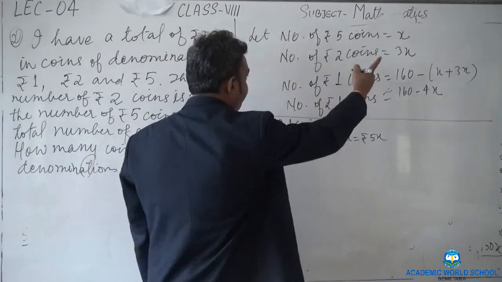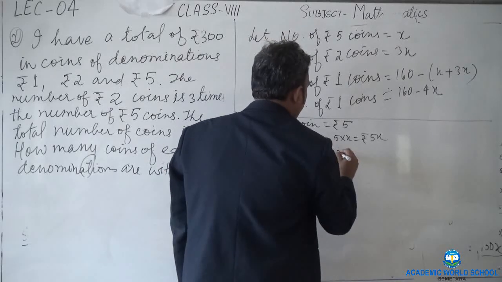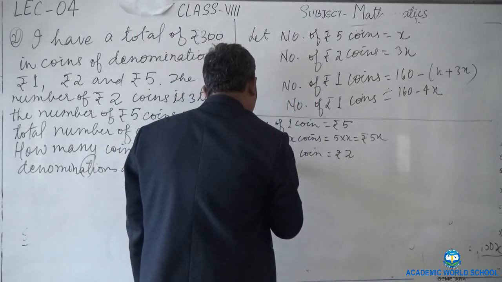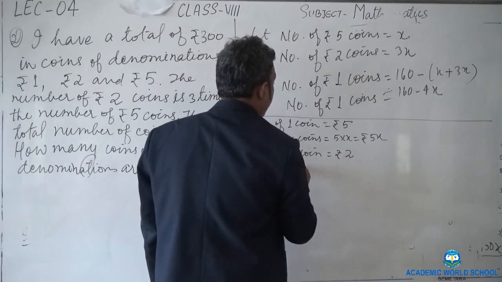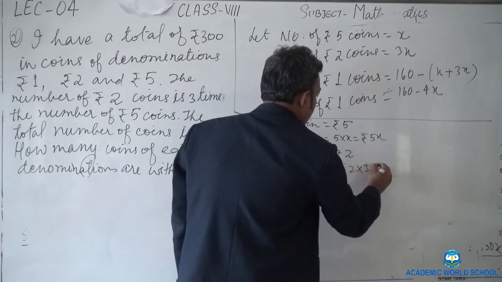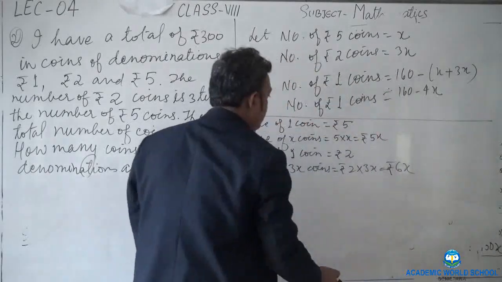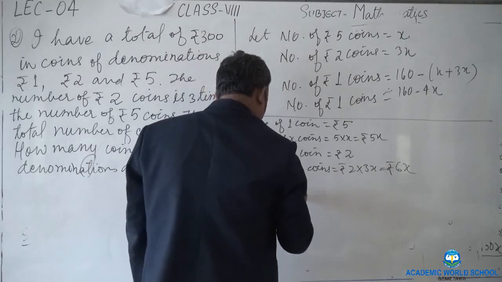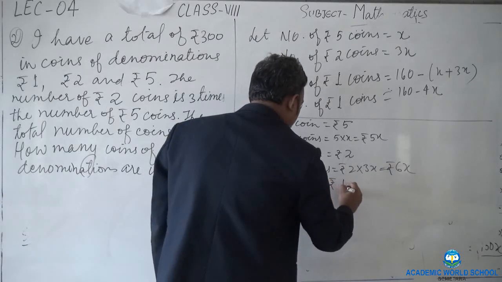Value of 1 coin is rupees 2. So value of 3x coins will be rupees 2 into 3x, that will be rupees 6x, right? And the value of 1 coin is rupees 1.